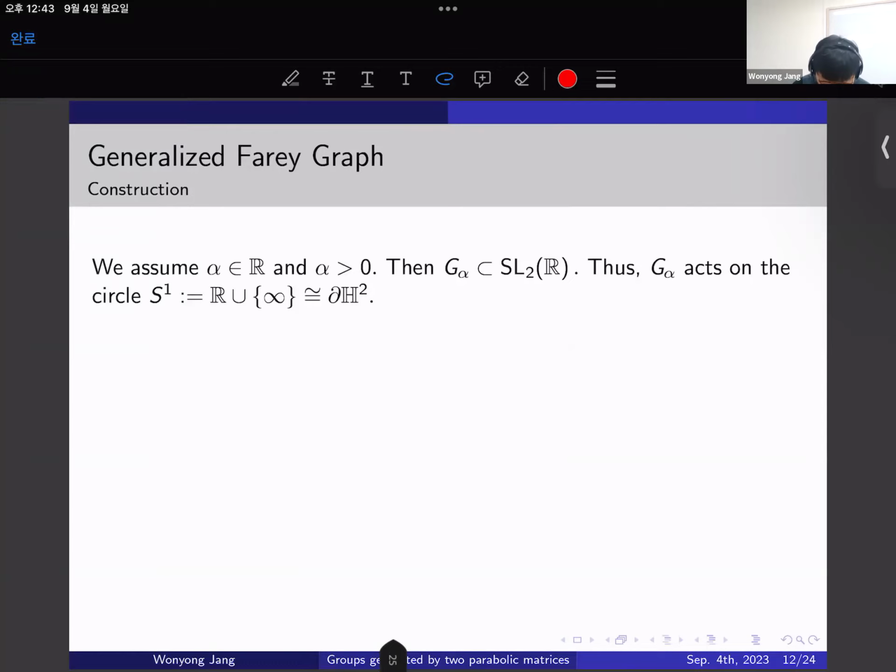We define now the generalized graph. From now on, we'll assume alpha is real and positive. So the group G alpha is a subgroup of SL2(R). So it also means that G alpha acts on the circle S1, which is the boundary of hyperbolic space H2.